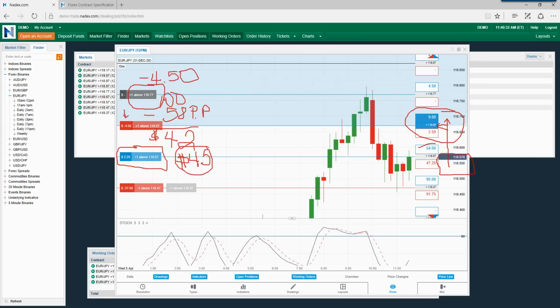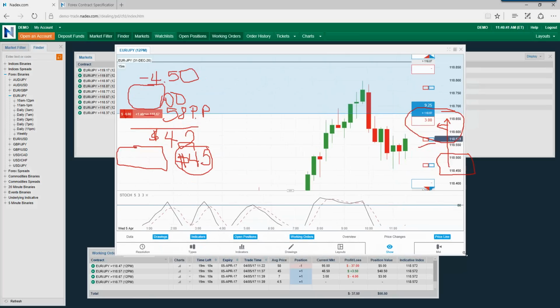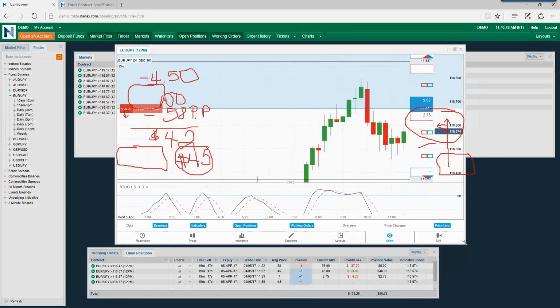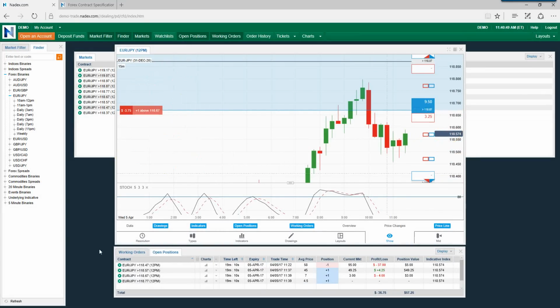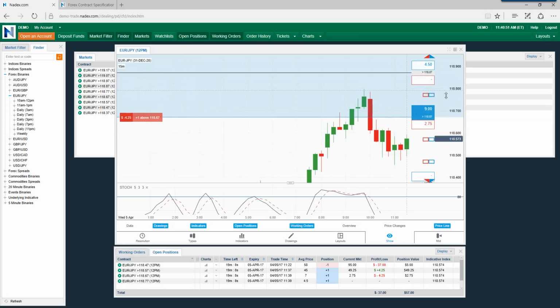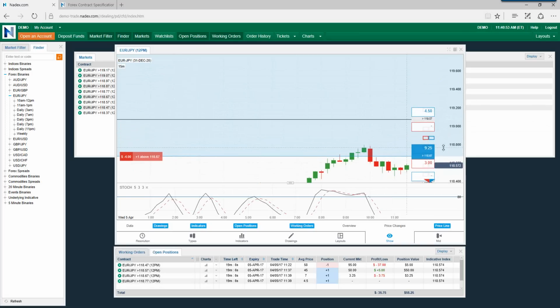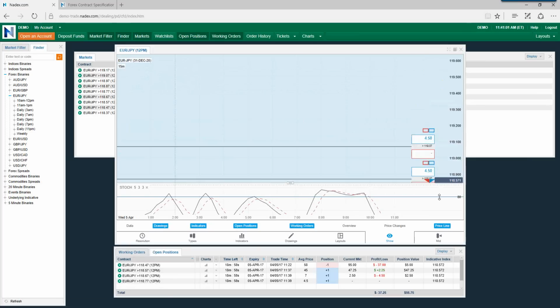If I come over here and click on the open positions, let me just shrink that up a little bit. Now, do you see how it looks like I'm only in one position? Actually, I'm in 4. This is where we need to expand the chart out.